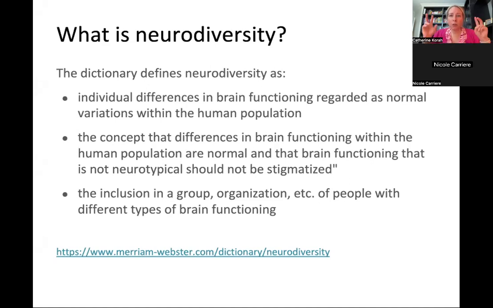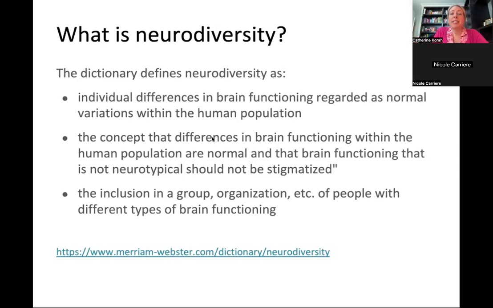So it's not considered a disorder, but there's a range of differences in the way that the brain works. If you've got a neurotypical individual, the brain will work in a certain way. And then there's a continuum of hypersensitivity and neurodiversity to those who have the most challenges. So it really is a continuum.